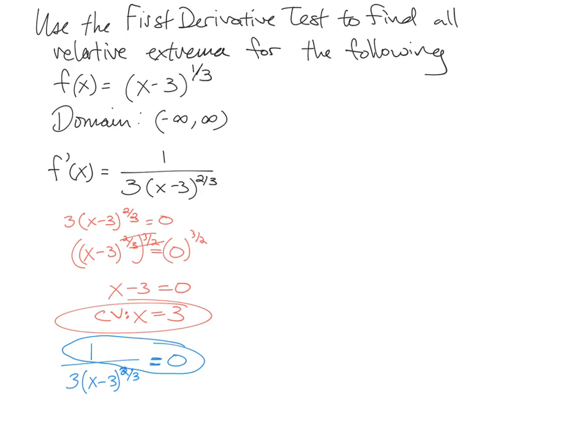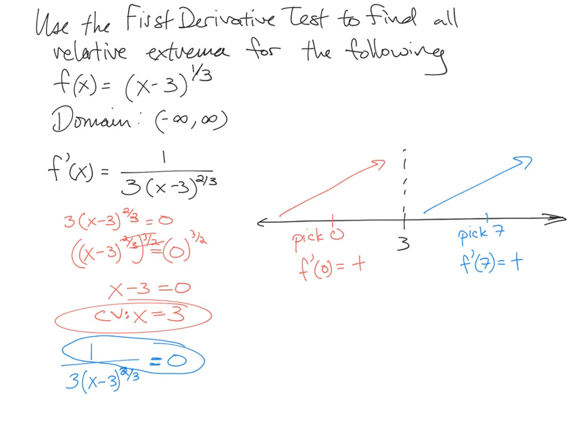So there's that. So we bust out a number line and we continue our way with the increasing and decreasing intervals. So I have my number line. I put here my critical value, 3. I see that breaks my number line into 2 intervals, less than 3 or greater than 3.